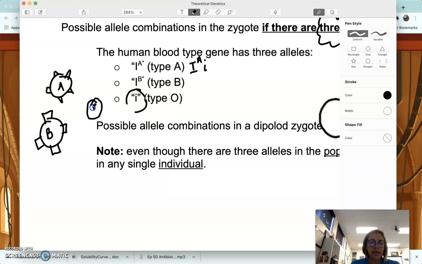So remember that type O is the universal donor, but it can only receive type O blood. Type A blood can only receive from type A or type O. Type B blood can receive from type B or type O, because the idea behind this is these antigens can't mix.